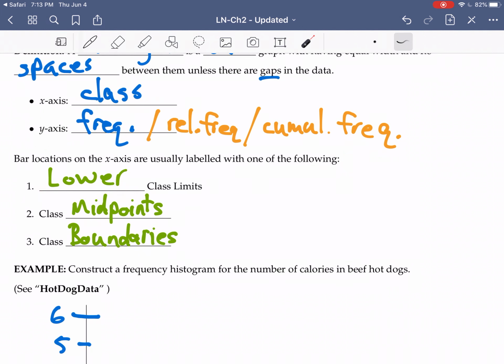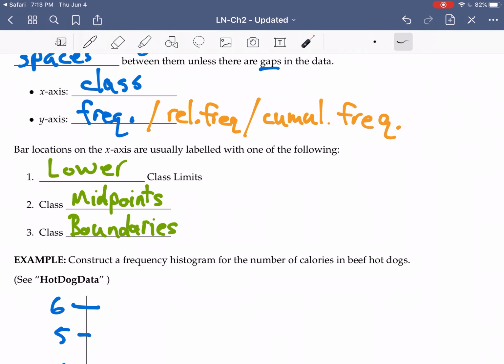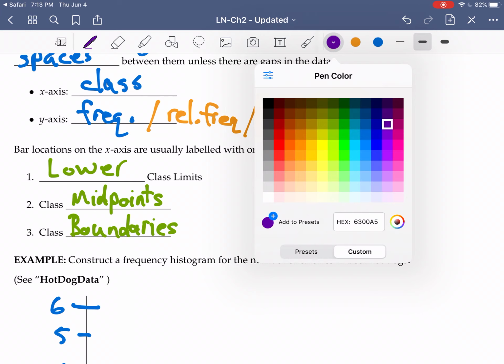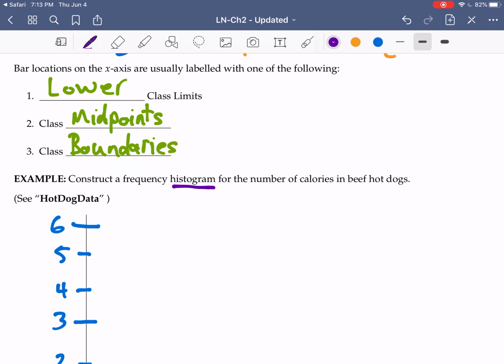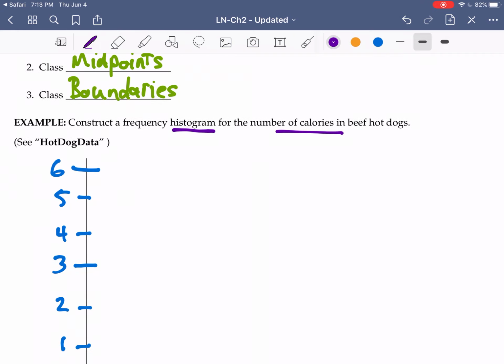We're going to roll through an example of this. We are going to create a frequency histogram for the number of calories in beef hot dogs.